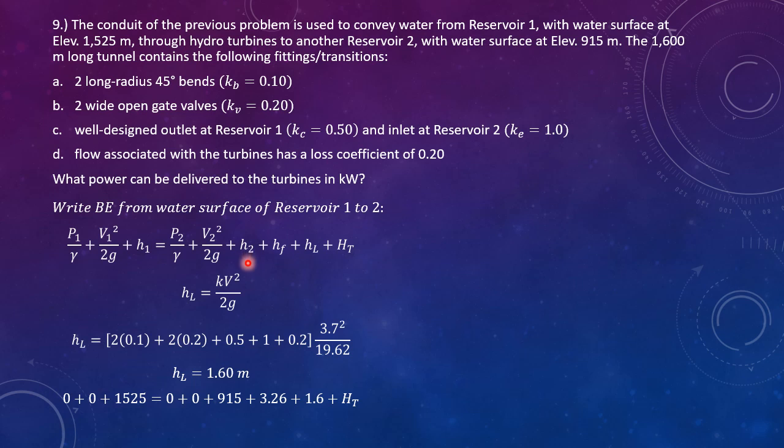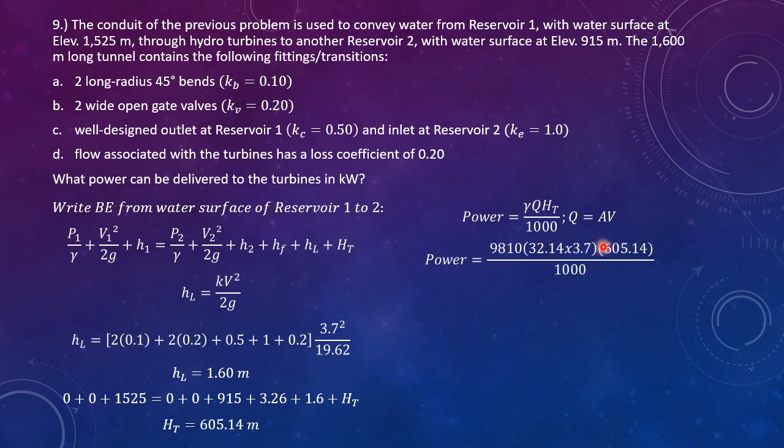H2, which is the elevation of the water surface at reservoir 2, is equal to 915 meters. hf from the previous problem is 3.26 meters. HL is 1.6 meters. And now we can solve for HT, and that is equal to 605.14 meters. Now we're ready to solve for power in kilowatts, wherein Q is equal to AV.